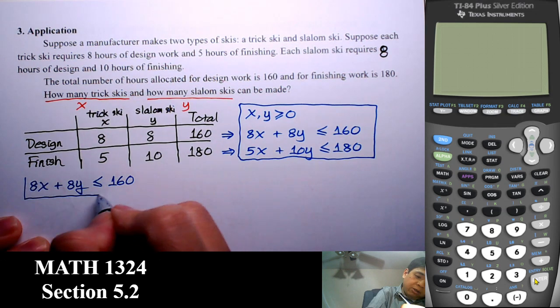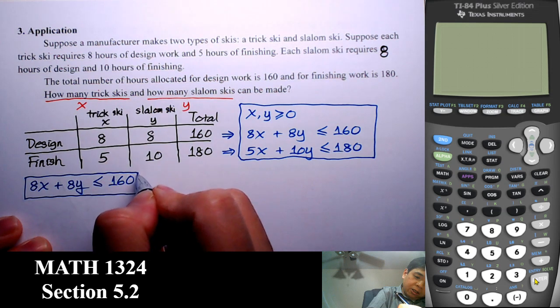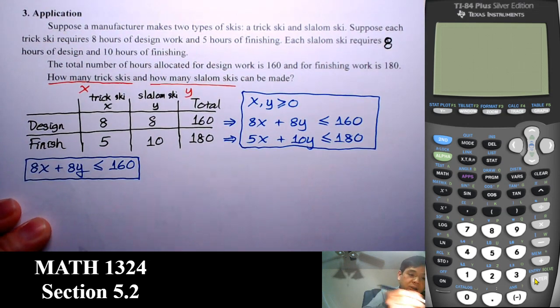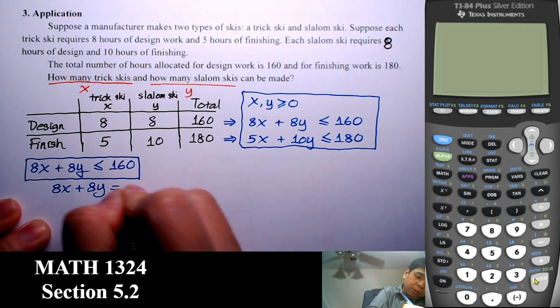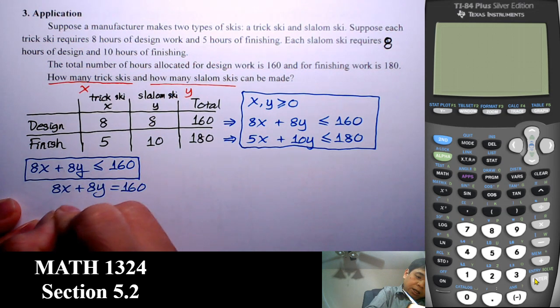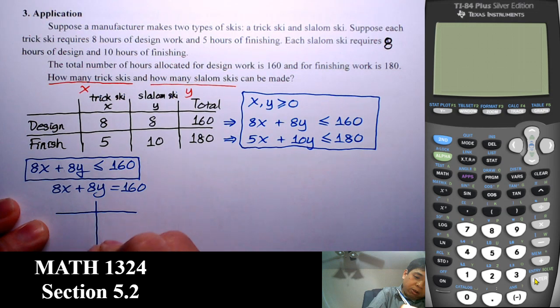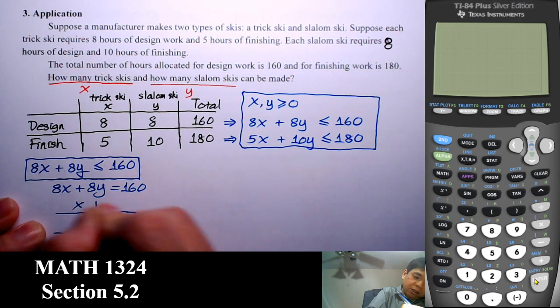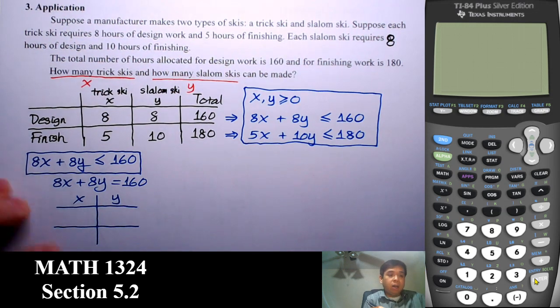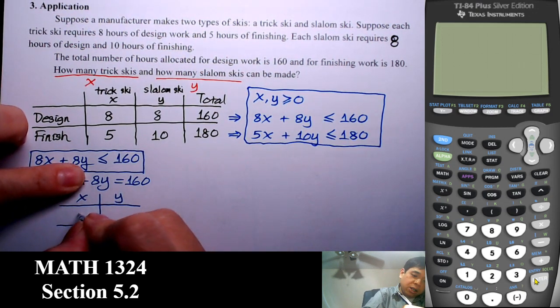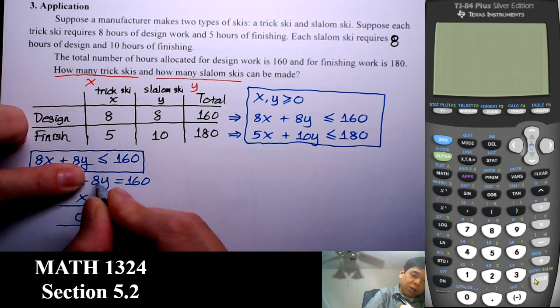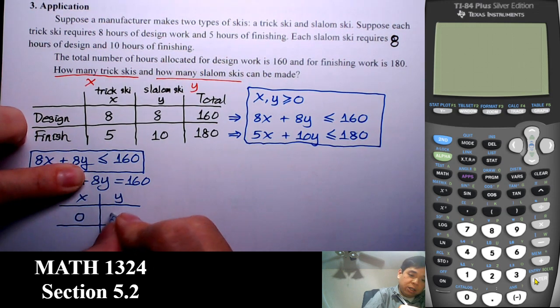I'm going to graph this first. Let's look at the table. This is exactly like the previous problem. When x equals 0, we don't have x, so 8y is 160, and y equals 160 divided by 8, that's 20.